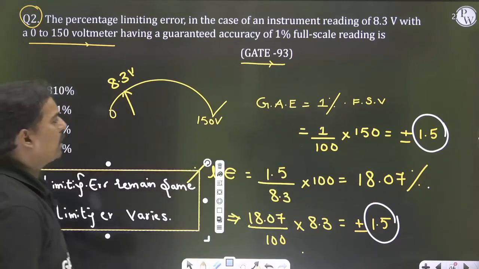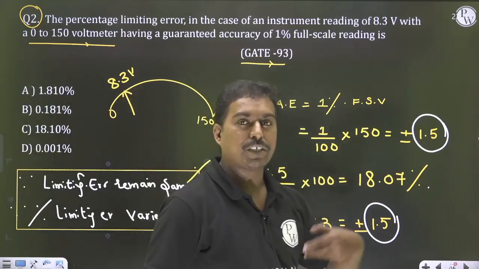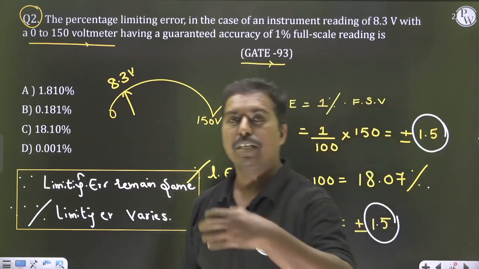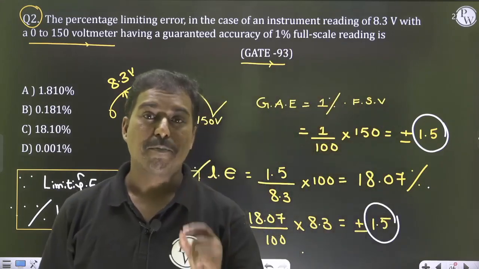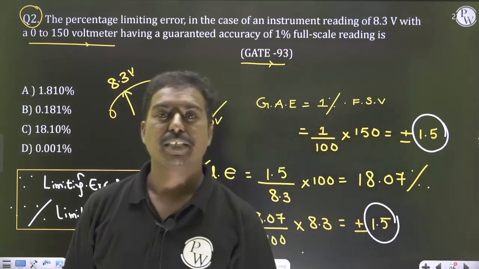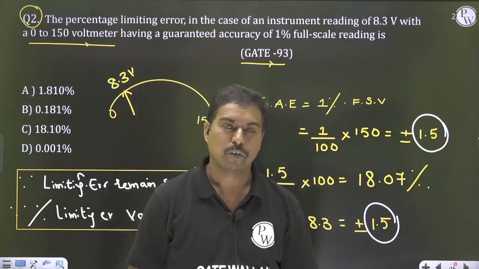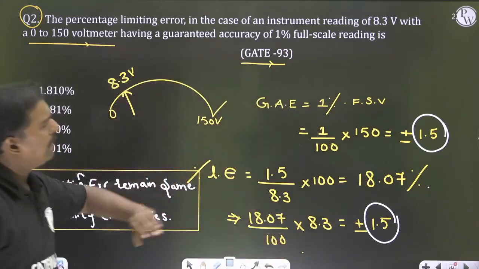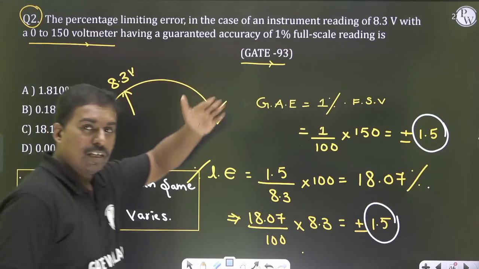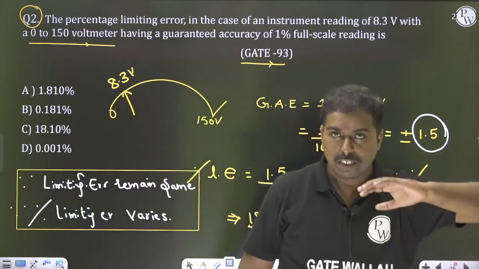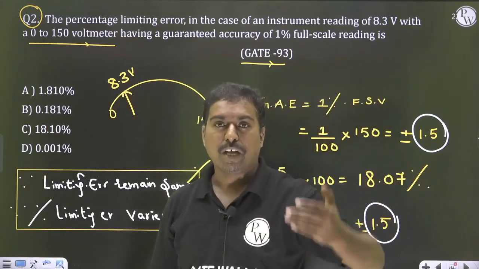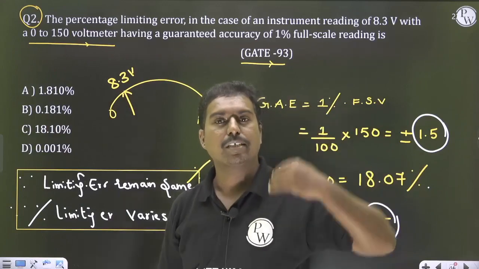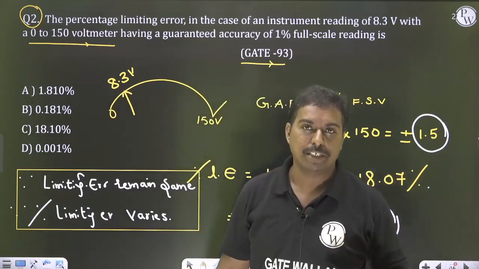If suppose you are measuring 10 volts, 100 volts, 50 volts using this instrument, the limiting error remains the same, but the percentage of limiting error gets affected. This type of question is repeatedly asked, not only in GATE 93, regularly one question is asked. He gives the guaranteed accuracy error, and from it he asks you to calculate some limit.